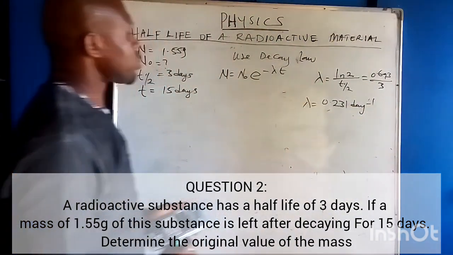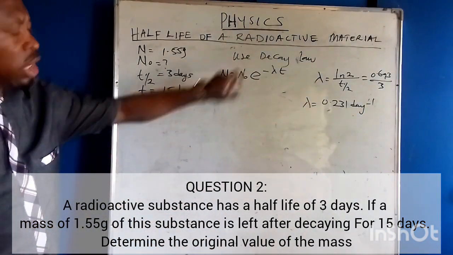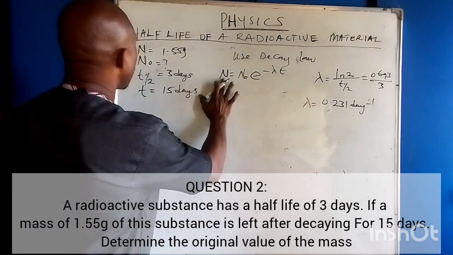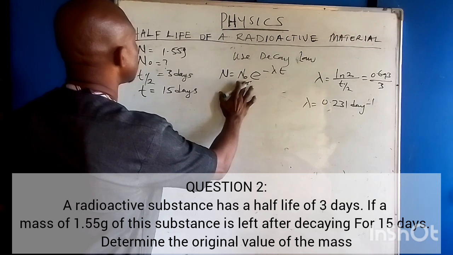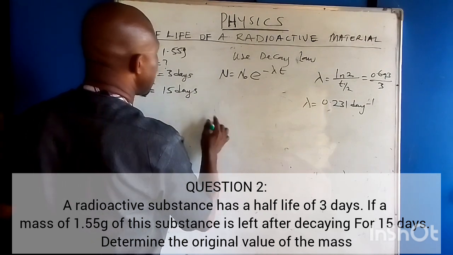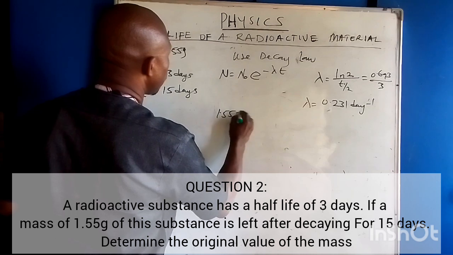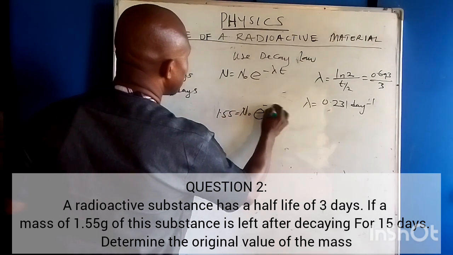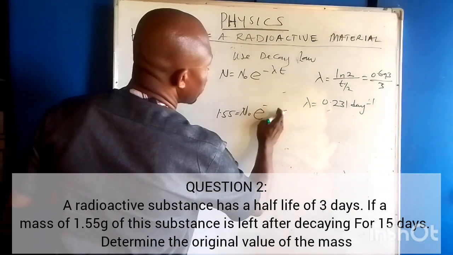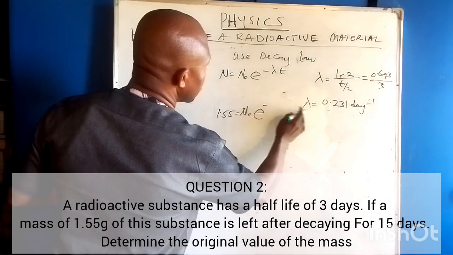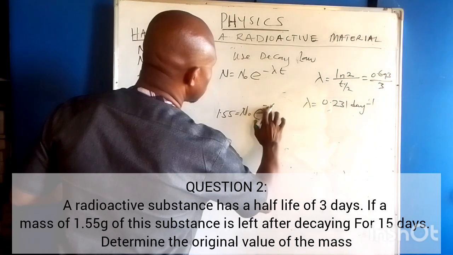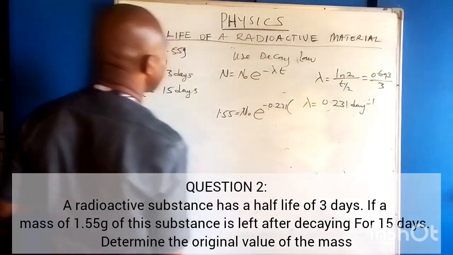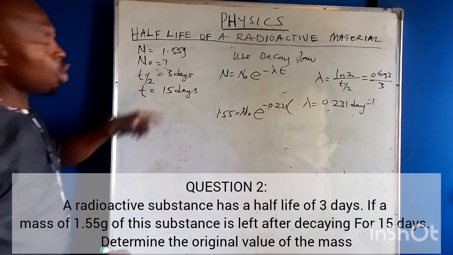per day. Now we come back to this equation. Since we're looking for this, the mass remaining is 1.55 equals N naught exponent negative lambda, our lambda is 0.231 multiplied by the time of transmutation, which is 15 days.